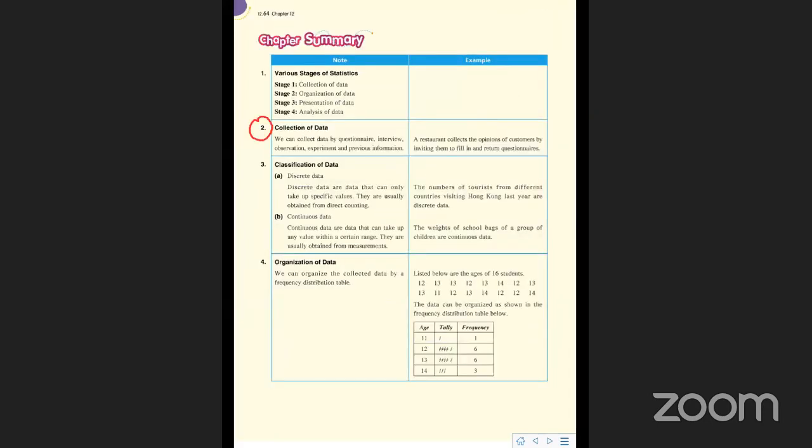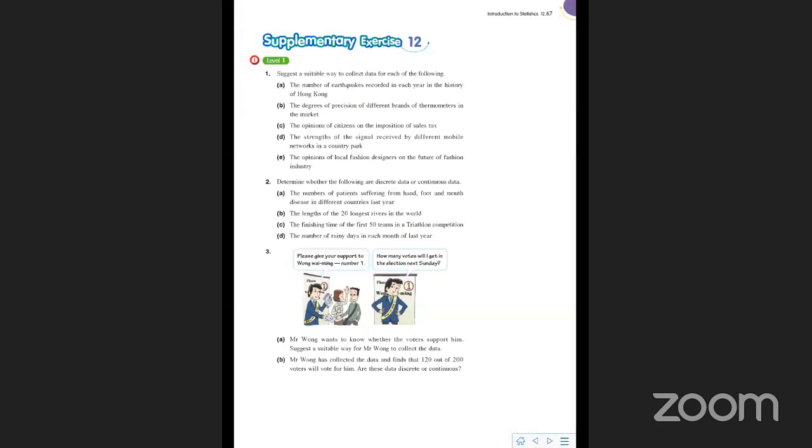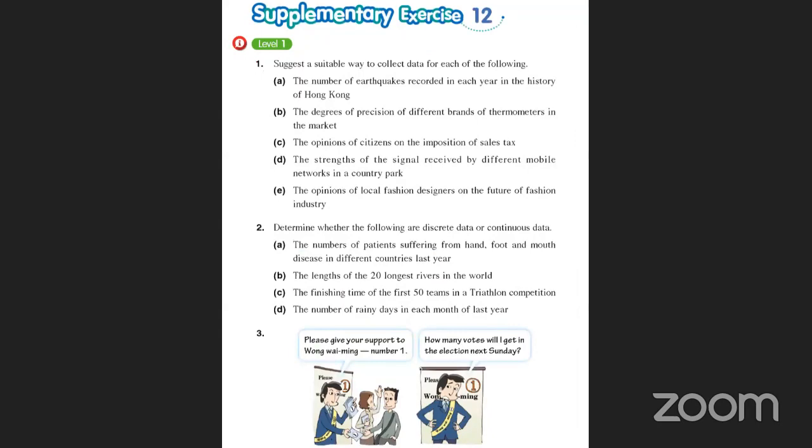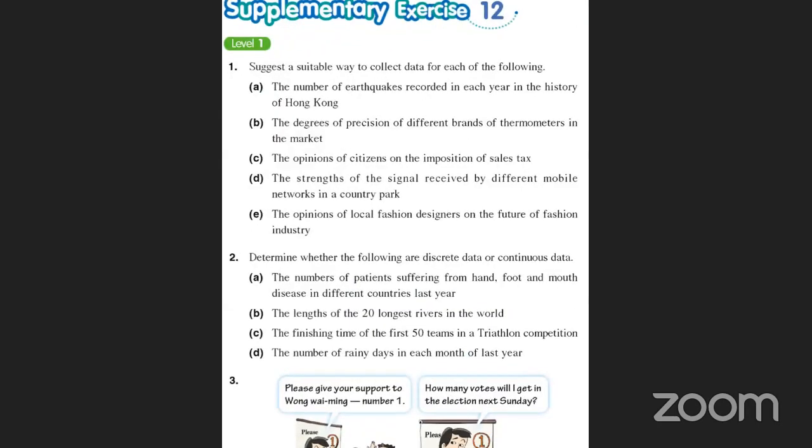Question 1 is about this one, collection of data. 1, 2, 3, 4, 5. You choose from here to answer question 1. I will just do a few parts, and then the other parts you can finish yourself.